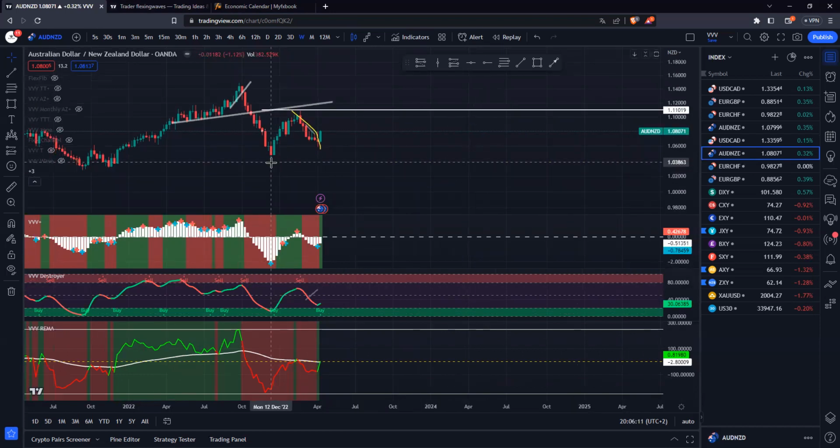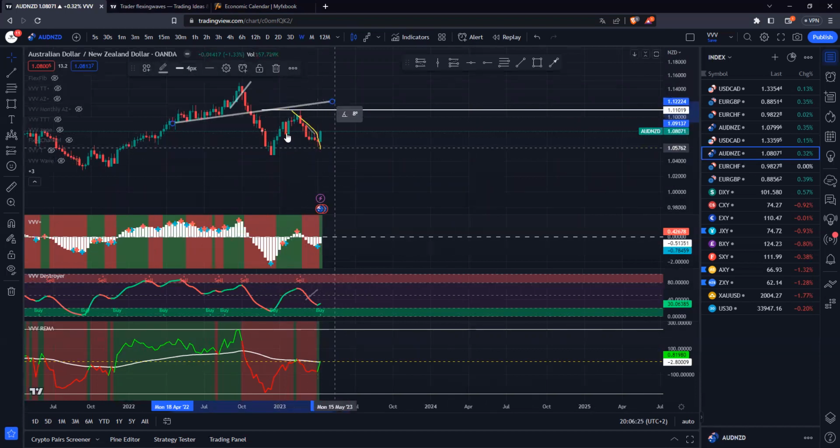The NZD was dominating, but I think it's over. Didn't reach this actually. Yeah, I want to see something like a V pattern, something like the USD CAD did in a small form. I want to see this actually.